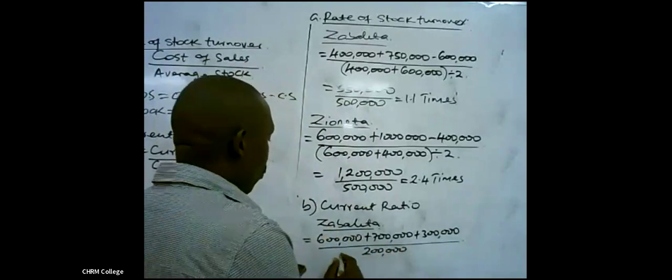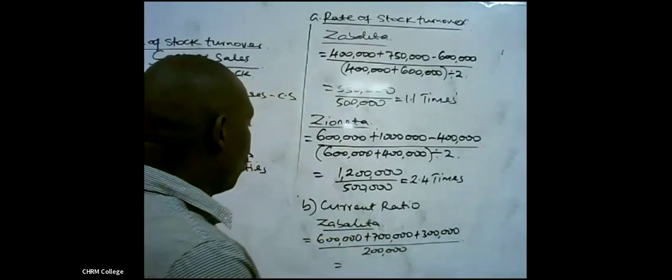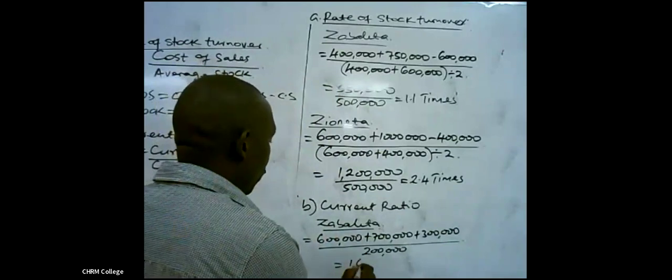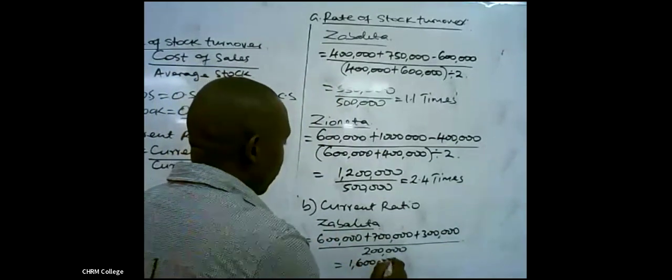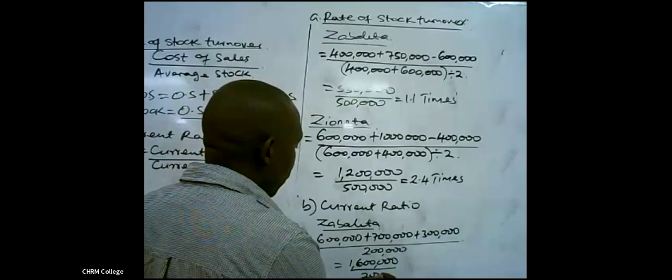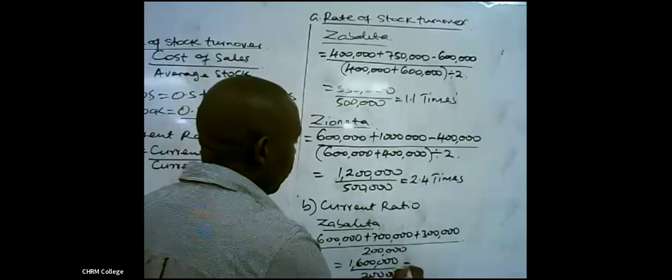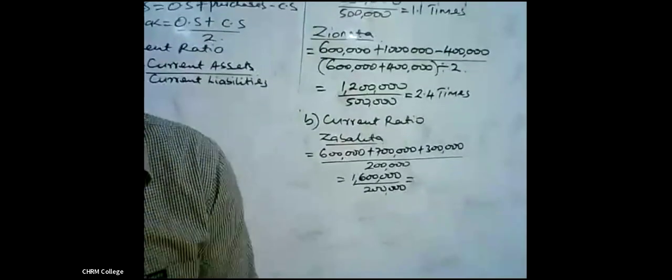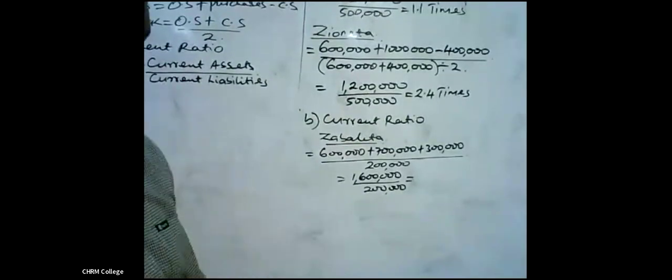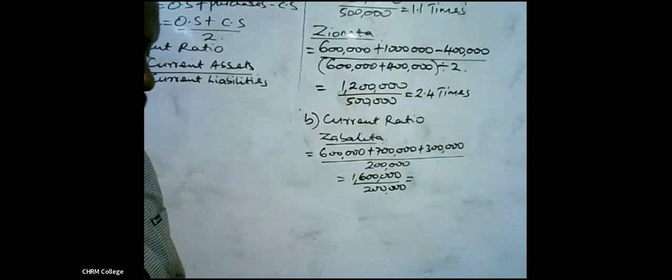So if you do the total, this is going to be 1.6 million for the current assets, divided by 200,000. That gives you 8.